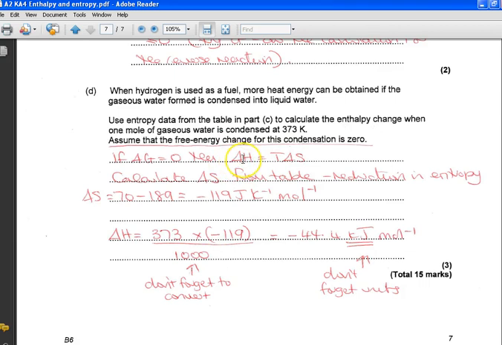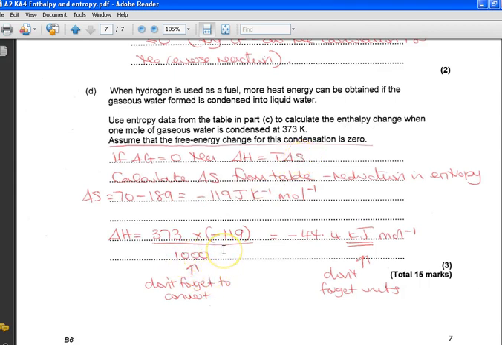Normally with this rearrangement we're looking for temperature, but actually this time we're looking for delta H. We're given a temperature, 373, times -119, which is our change in entropy.